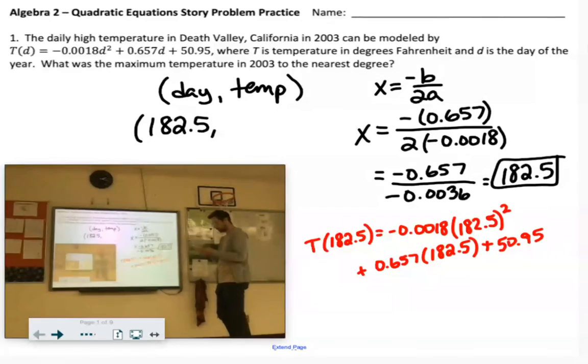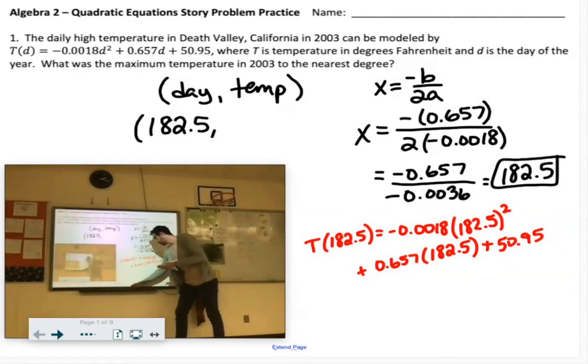So that's negative 0.0018 times 182.5 squared, plus 0.657 times 182.5 plus 50.95. Whew, wait, that's going to be a warm one.